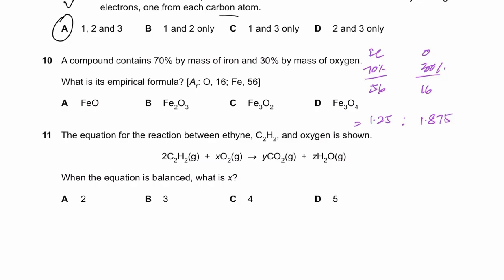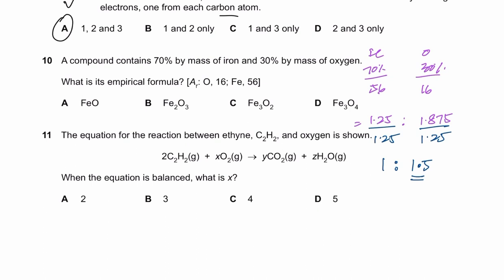And the next step for empirical formula was to divide by the smallest number. So the smallest is 1.25, you divide by the smallest ratio, which is 1.25. Here you would get 1, and 1.875 divided by 1.25 gives me 1.5. Now we know that empirical formula is defined as the simplest whole number ratio, and this is not a whole number, it's in points. So what should I multiply 1.5 with to get a whole number?